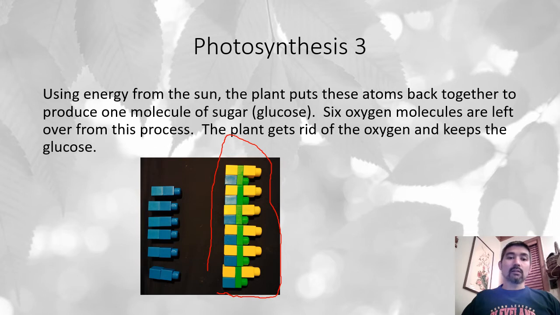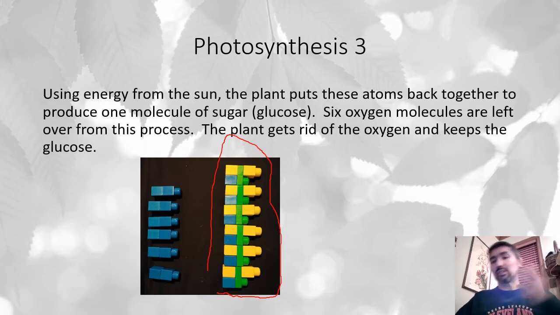And then on the left we have 6 molecules of oxygen. And so what happens is the plant will keep that molecule of glucose, that sugar, and it'll use that for growth. It'll use that to make flowers. It'll use it to repair damaged cells, and so on and so forth. And then the oxygen, it just gets rid of that.